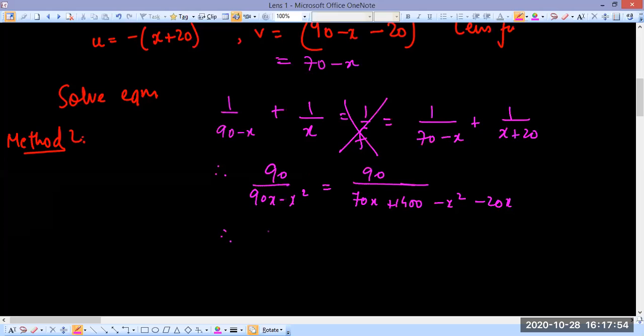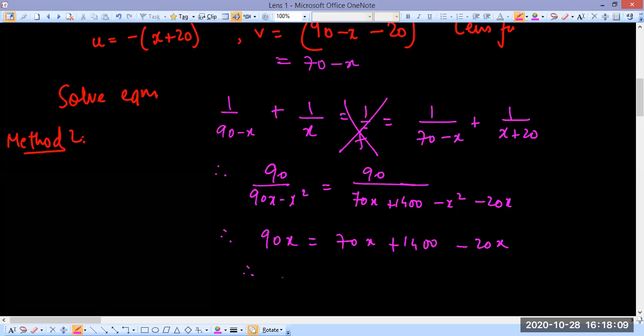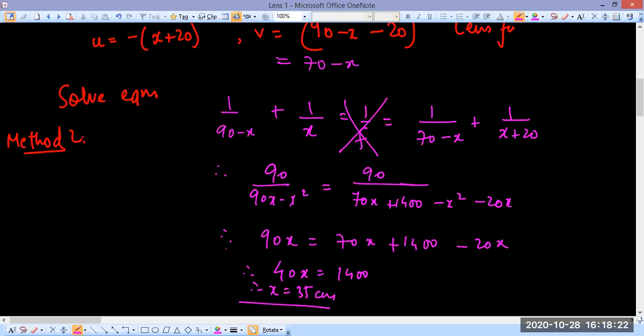I don't think you would have had particular difficulty with this. So from both sides 90 will cancel, x square will cancel. So 90x is equal to 70x plus 1400 minus 20x. So this is 50x, it goes to this side. So 40x is 1400, therefore x is equal to 35 centimeter. This is what was coming, so the same came. Now there is no chance of a different answer. Right?